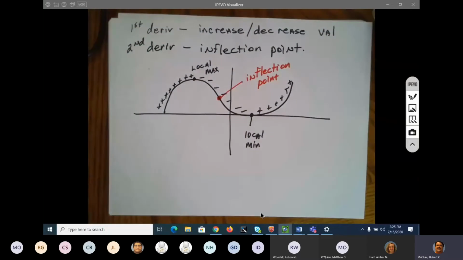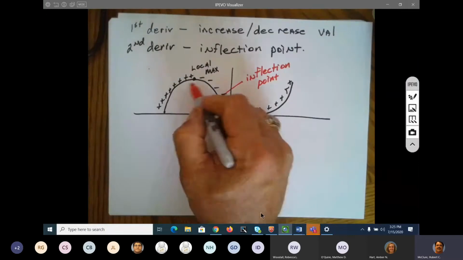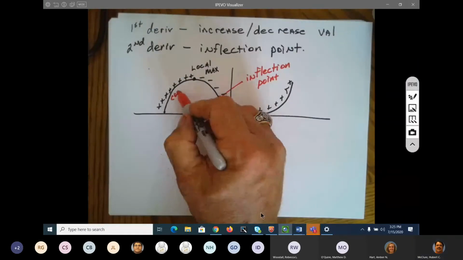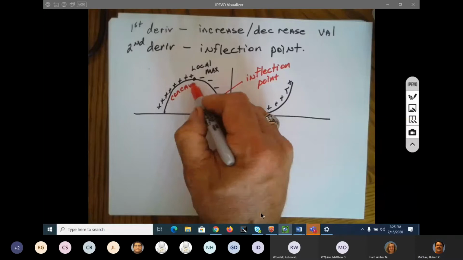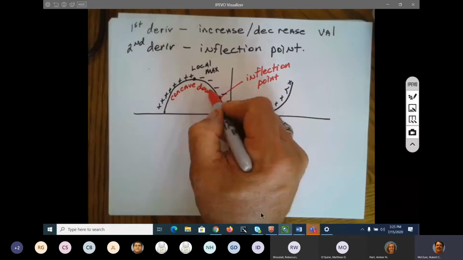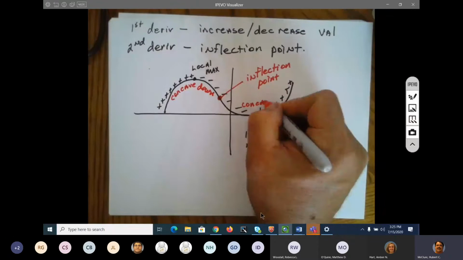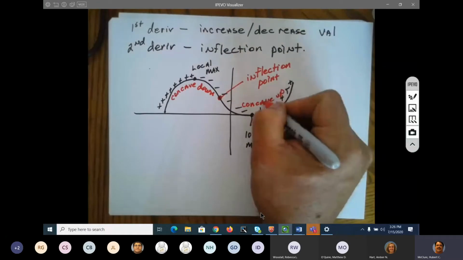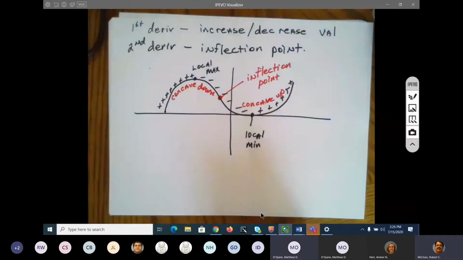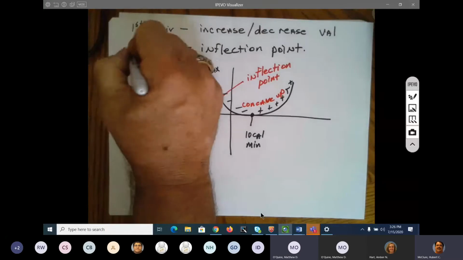The inflection point is the point between concave up and concave down, or concave down, concave up. So right here, the inflection point, this is concave down. And this is concave what? Concave up. And the second derivative will give us those values.